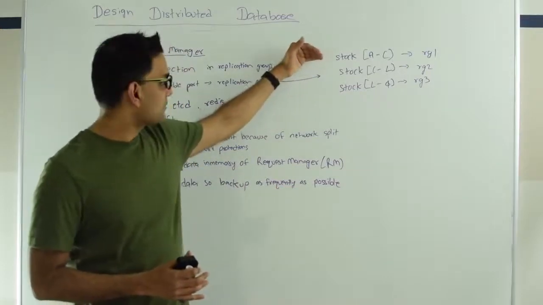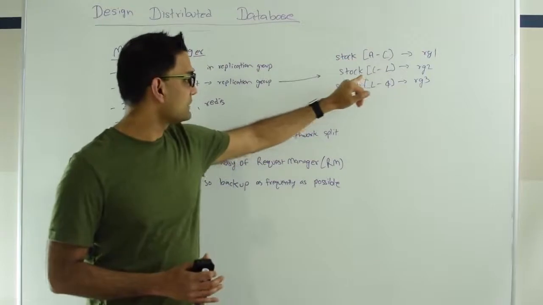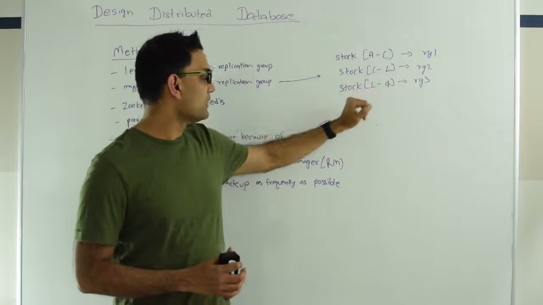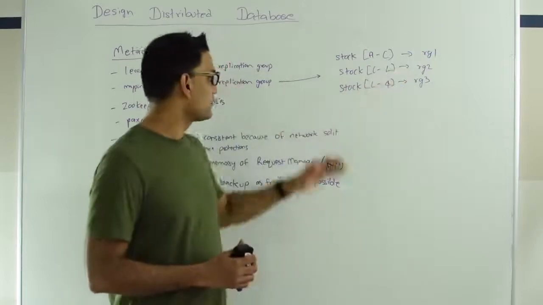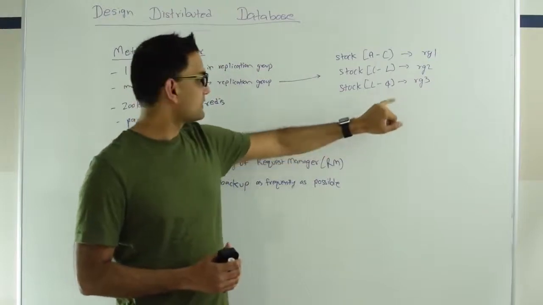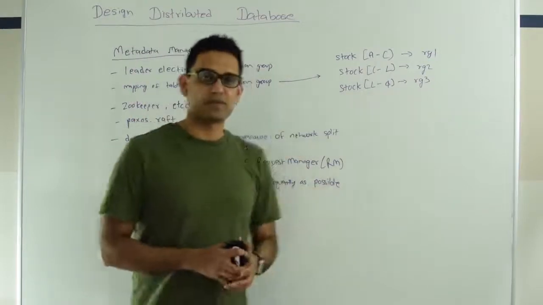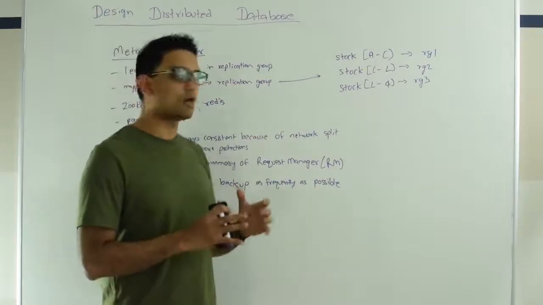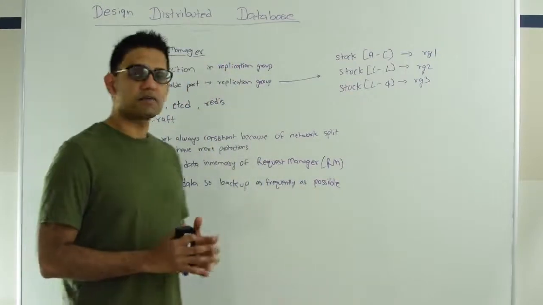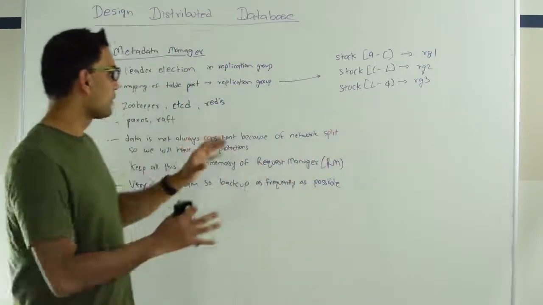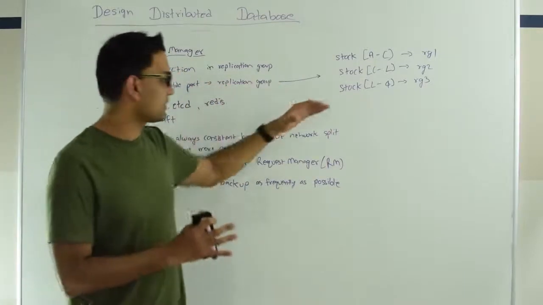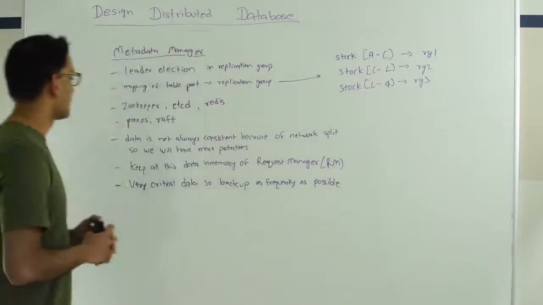For an example, stocks from A to C, not including C, would go to replication group 1, and then stocks from C to L, not including L, will go to replication group 2, and stocks from L till the end of the stocks, and we use a special symbol for that, will go to replication group 3. In the future, I'm going to talk about how you split and unsplit these tables in the control plane job. But for now, all we know is that metadata manager keeps track of the table and parts of the table to the replication group.